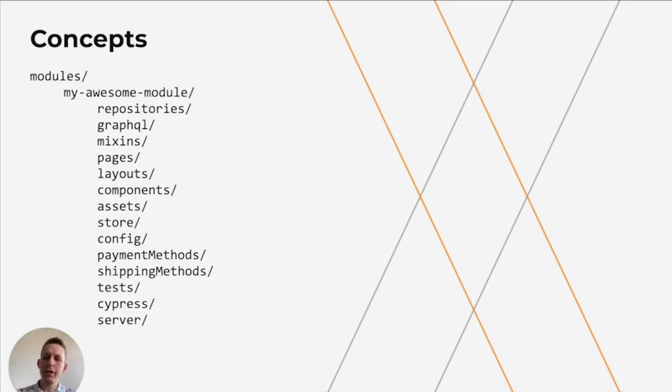So these directories, we call them concepts, and we use them not only for components and payment methods, but for a lot of things. So here I have some examples. For example, repositories. We call repositories functions that communicate with backend. So because we have split the communication with backend into separate concepts, we can now easily add, remove, or change integration to different backends.